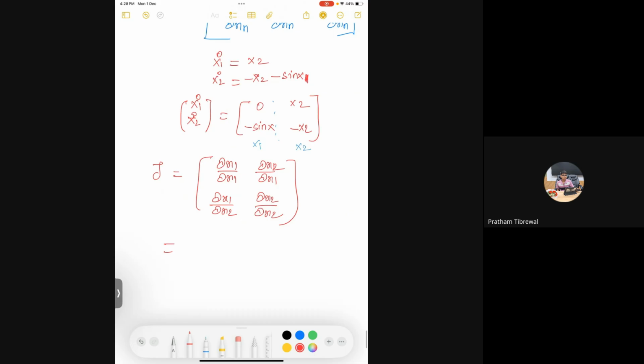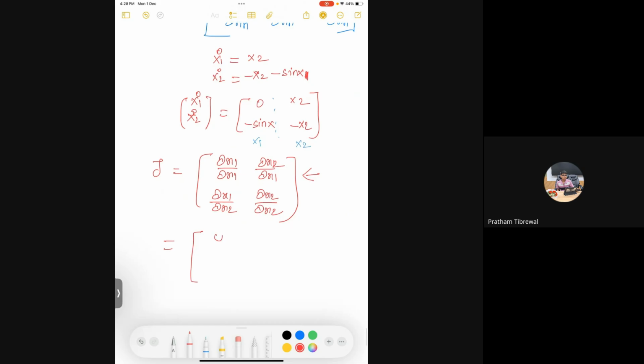First of all, in the first row, we are going to differentiate in terms of x1. Is there anything in the first row? Nothing, right? So the first row will be 0. This, dou x2 by dou x1, will also be 0. This is 1. So the second row, if I differentiate sin x1 by... no, I'm making a mistake somewhere.